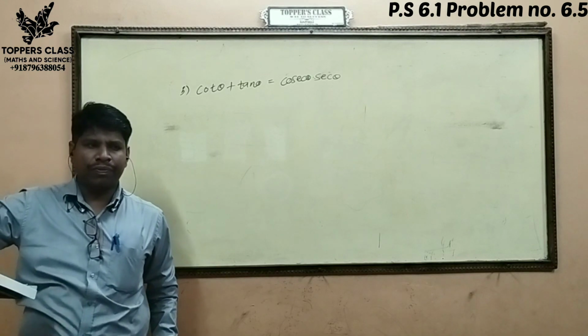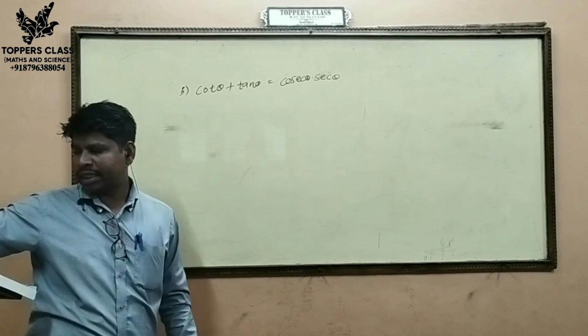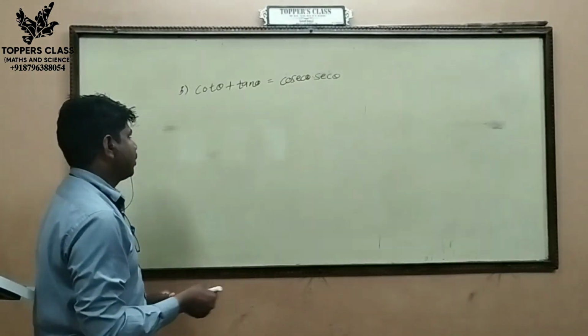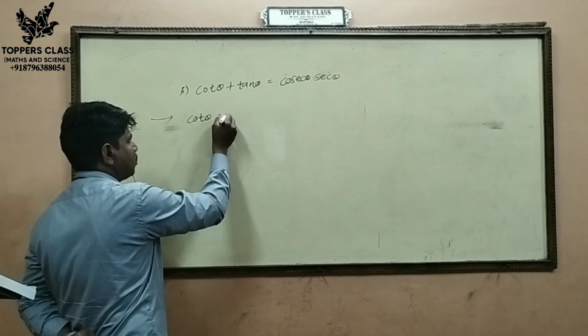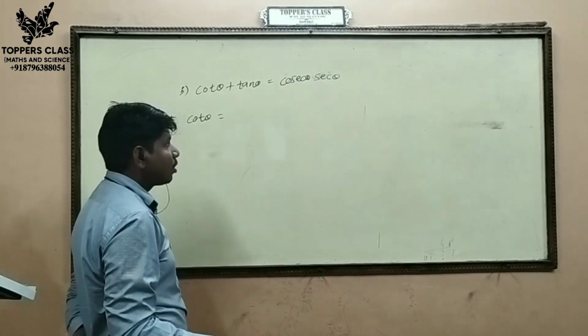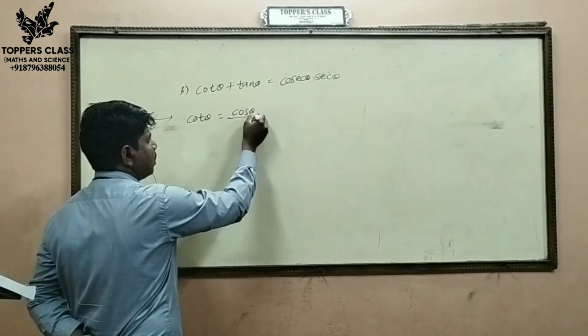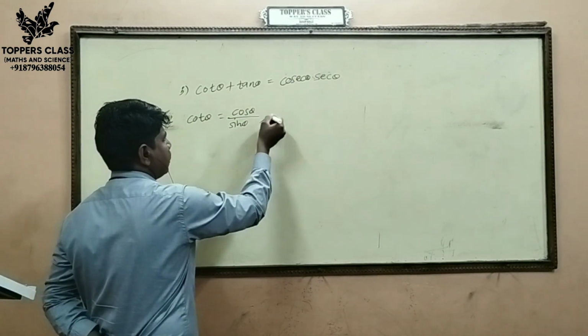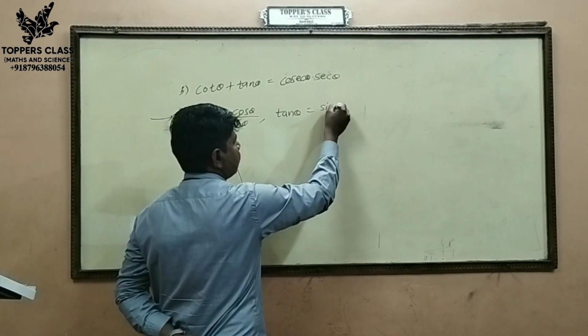Now we see problem number 5. Cot theta plus tan theta is equal to cosec theta into sec theta. Now here we have to apply the identities. Cot theta is equal to cos theta upon sin theta, and tan theta is equal to sin theta upon cos theta.